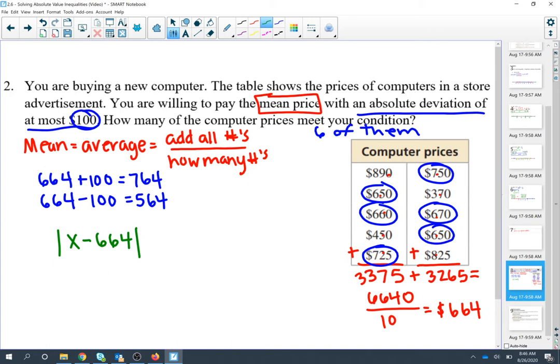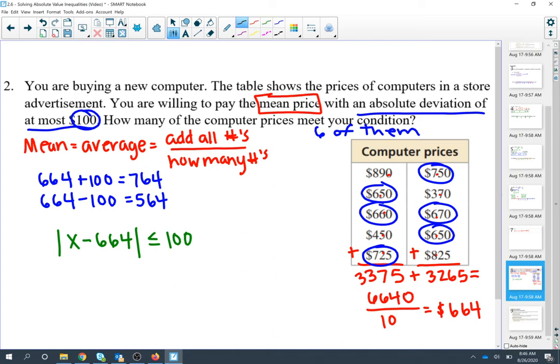And then I want that deviation to be less than or equal to $100. So the distance between what I'm willing to pay and the mean has to be less than or equal to 100. I don't want to go above 100. I don't want to go below 100. I want to be somewhere in that $100 range.